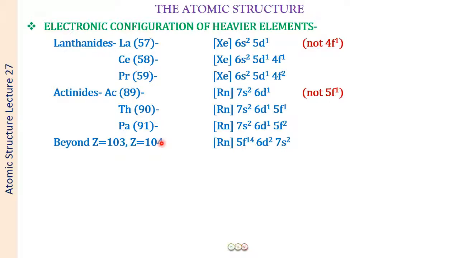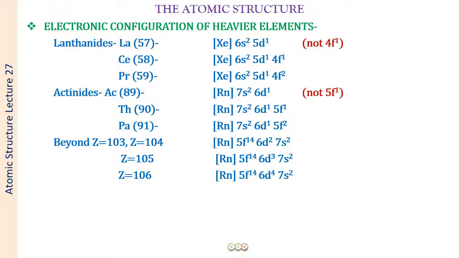Next we start with atomic number 104. Here 5f14 is already complete and the next electrons will go into 6d. Okay, so for 104 we have 5f14, 6d2 and 7s2. For 105, it is going to be 5f14, 6d3 and 7s2.